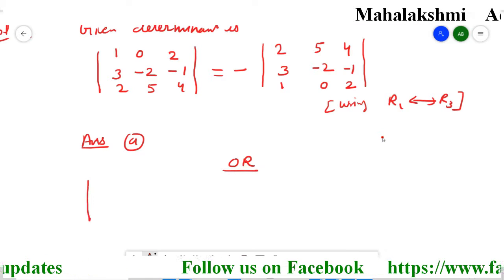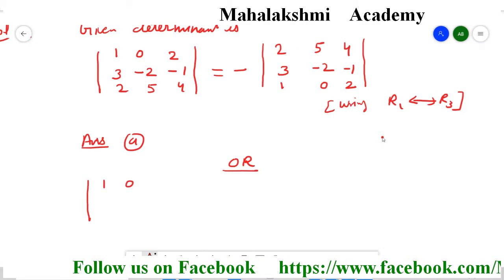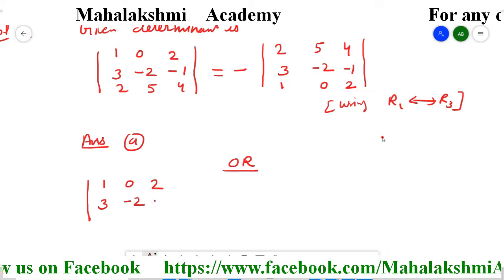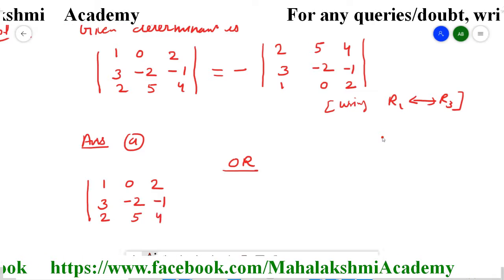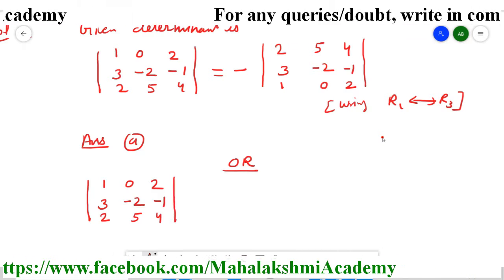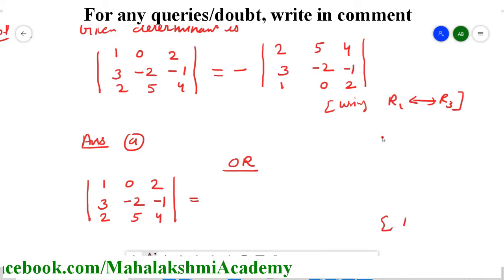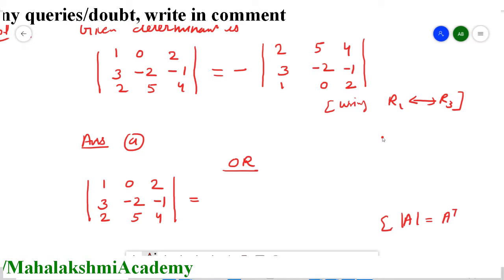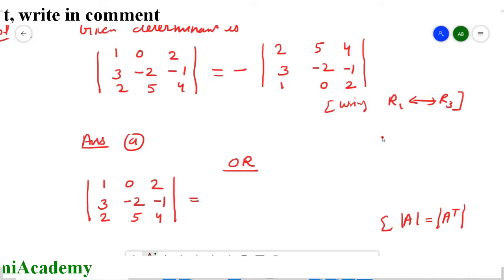The given determinant is 1, 0, 2, then 3, minus 2, minus 1, 2, 5, 4. So student, in this I am going to use the property that determinant of A is equal to the determinant of transpose of A. So we will do the transpose here.